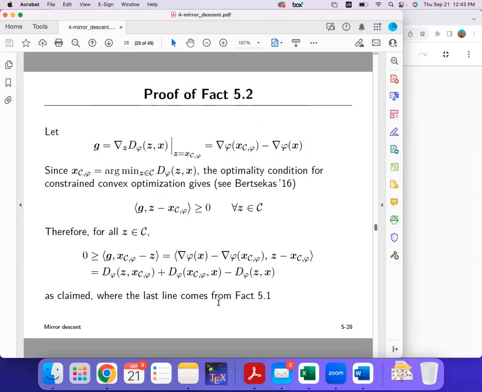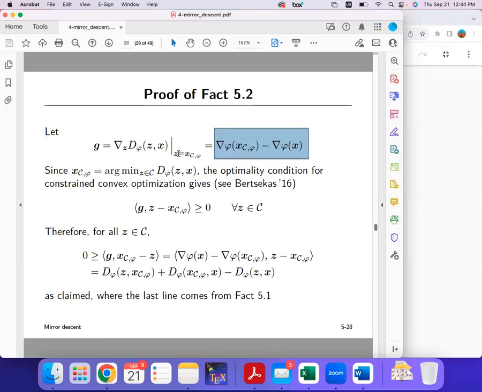And this is a proof for this theorem. We can quickly go over the proof. First of all, by the gradient formula, we know that the gradient of the Bregman divergence with regard to the first variable Z is simply the difference of these gradients.